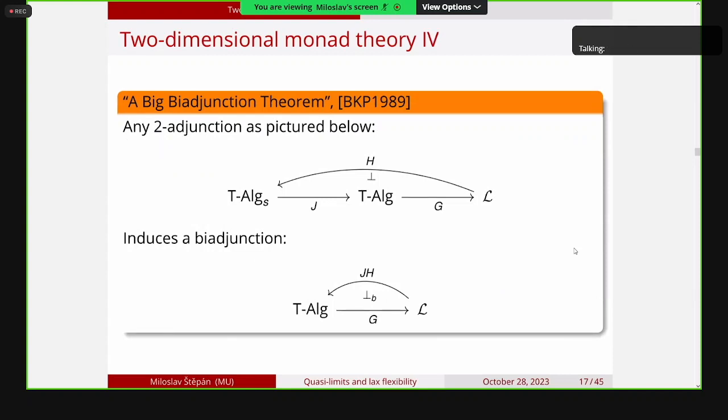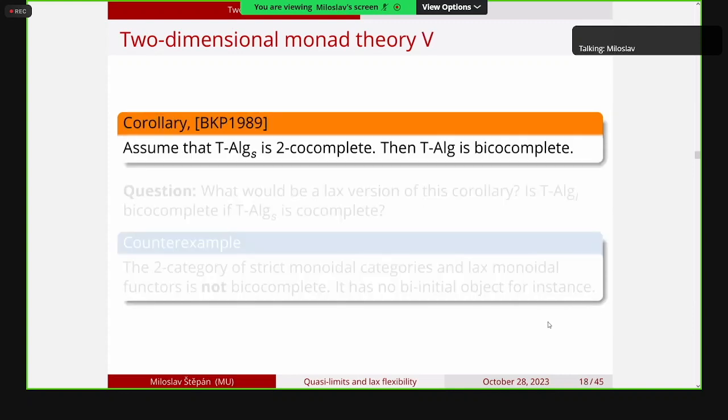Another important theorem in this paper, which I nickname the big bi-adjunction theorem, says that if we have an adjunction like this, such that the right adjoint factorizes through pseudomorphisms, it induces a bi-adjunction like this between pseudomorphisms and some two-category L. One interesting corollary is that if the two-category of strict algebras and strict morphisms is cocomplete, then strict algebras and pseudomorphisms is bicocomplete.